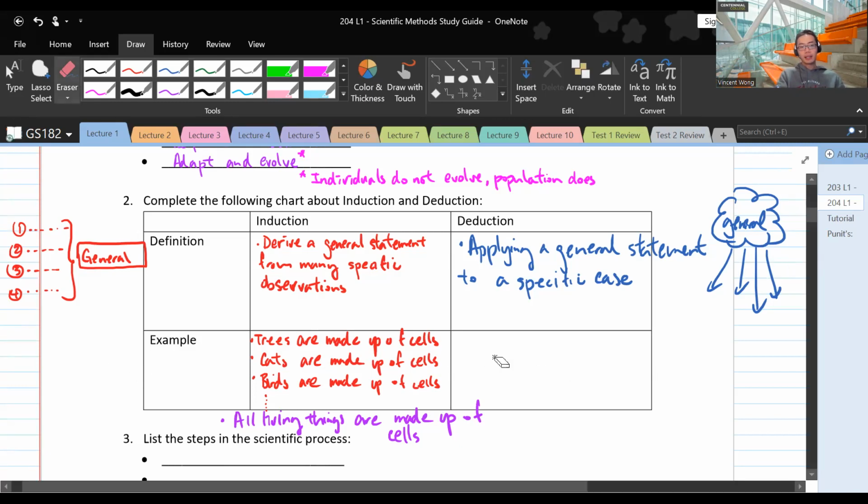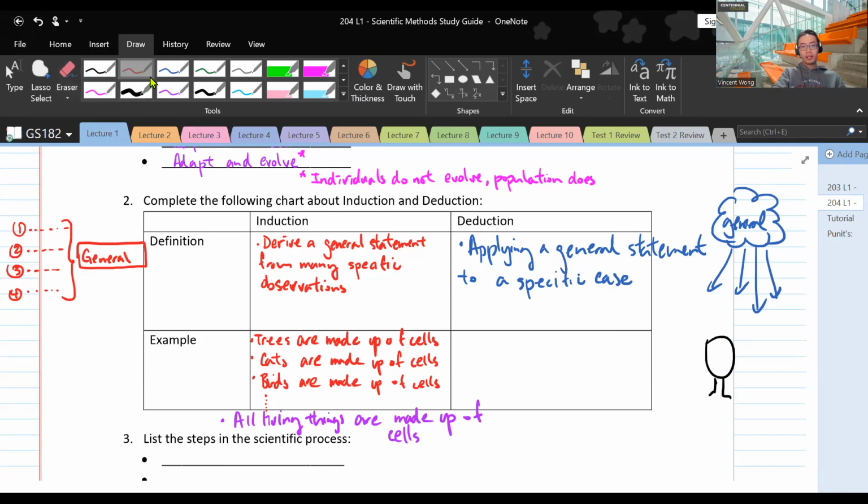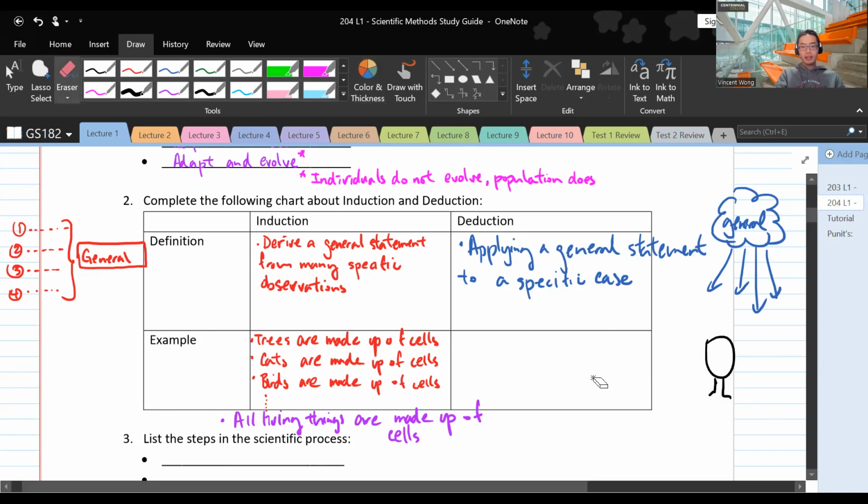In another example, those little furry guys that I made up earlier. Let's say they really do exist and we found one of them. An example of deductive reasoning would be: this furry thing is a living thing, therefore it is made up of cells.